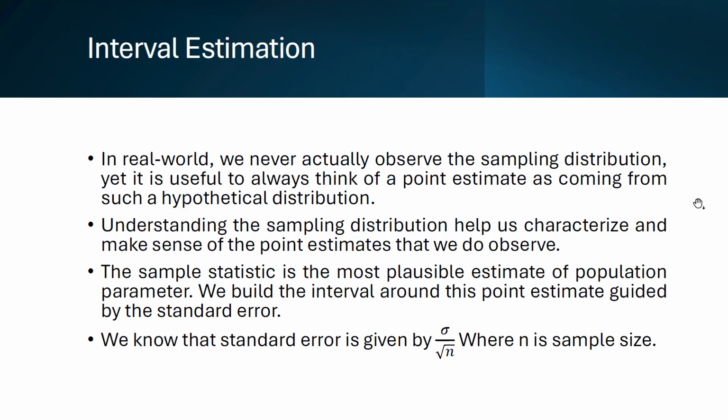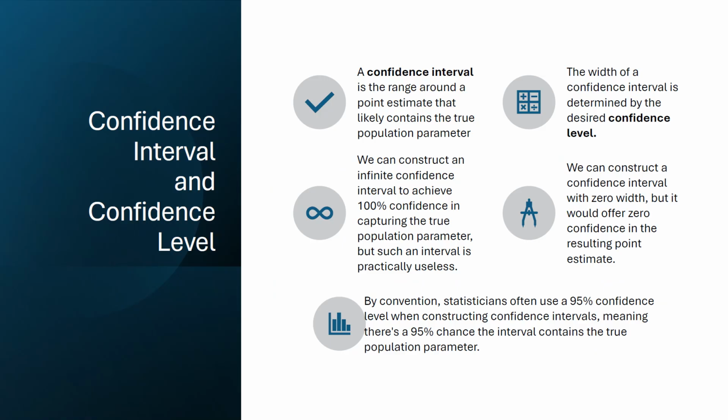With this understanding, let's define the confidence level and confidence interval. So the confidence interval is the range around a point estimate that likely contains the true population parameter, and the confidence level is the degree of confidence associated with it.